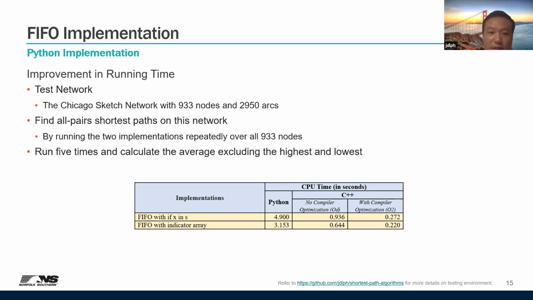This is the statistics from these two implementations. With the linear time operations, the running time is 4.9 seconds, and with the indicator array, which is the constant time check, the running time is reduced to 3.153 seconds. So the reduction is about 36%.